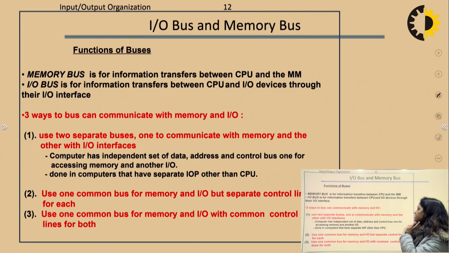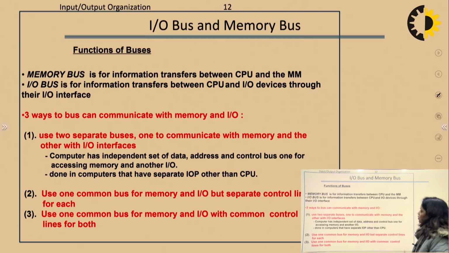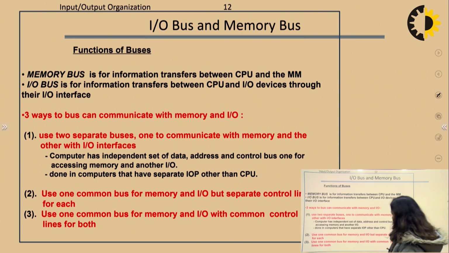Now, what is the role of the buses used to make connectivity between the CPU and the input-output devices? Like we have a memory bus, which is used for information transfer between the CPU and a memory unit.